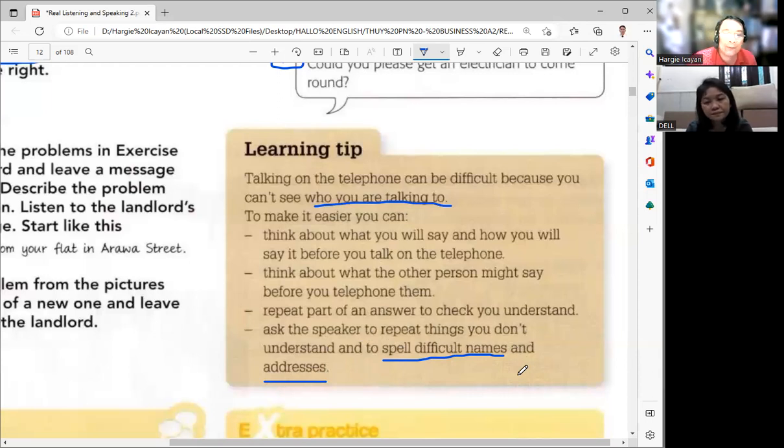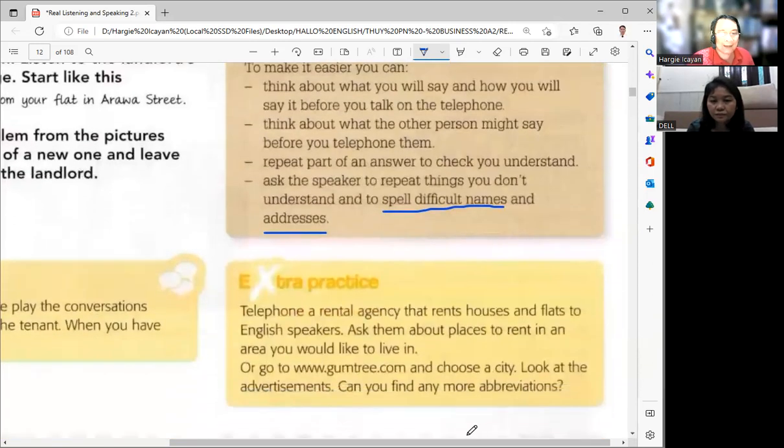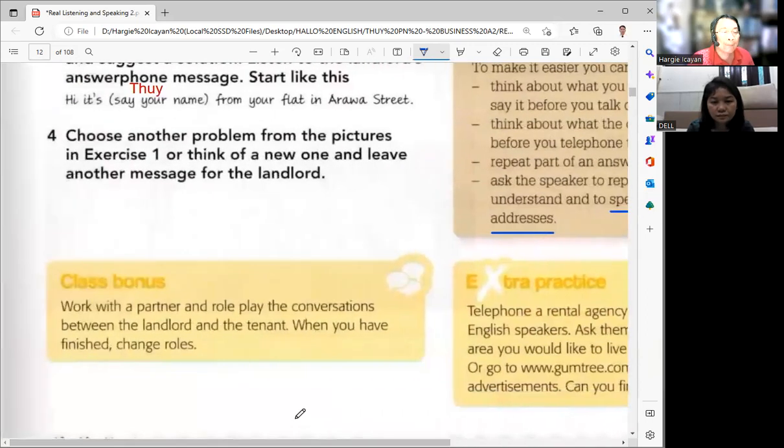Or the address. Sometimes addresses are long, so it's very important to let them, let's say for example, repeat that one again for you. And if that address is not common, you need to let them spell that also. Okay, Toy? Okay, so let's proceed.